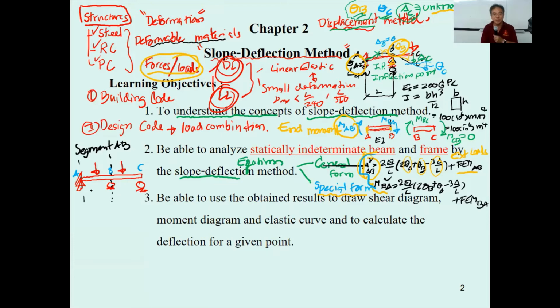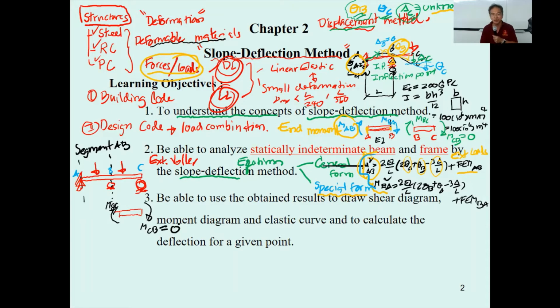However, BC is different. BC has the so-called external roller. Since this is the external roller, we have the moment that occurs in this member. It's very similar to this: clockwise, M sub BC, and this one is M sub CB, and M sub CB here is 0.